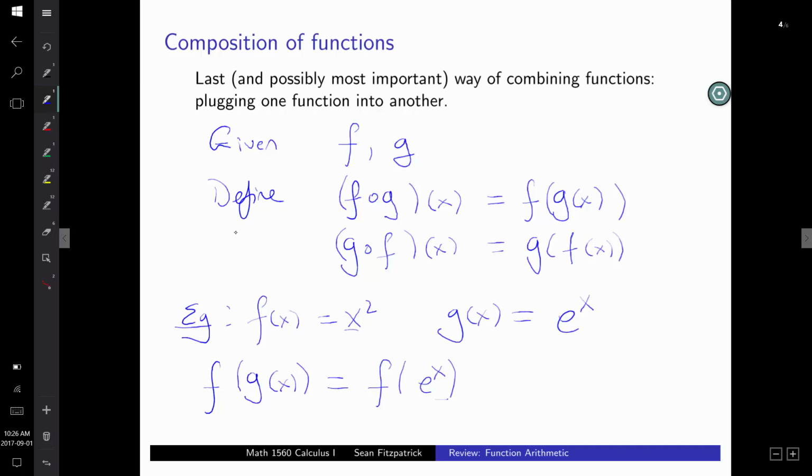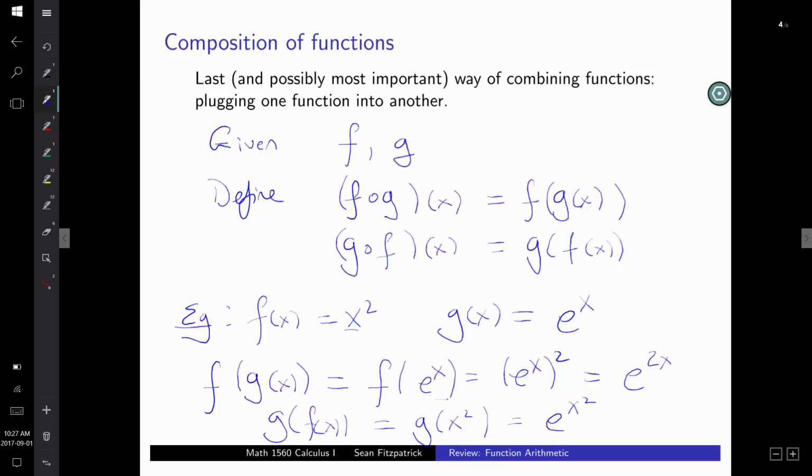So I need to take e to the x and square it. So this is e to the x squared, and if you know your laws of exponents, you know that that's e to the 2x. Whereas if I did g of f of x, I'd be doing g of x squared, which means take x squared and plug it into the exponential function. And so here I get e to the x squared, which is not the same function as e to the 2x. So you've got to pay attention to order when you're composing functions.